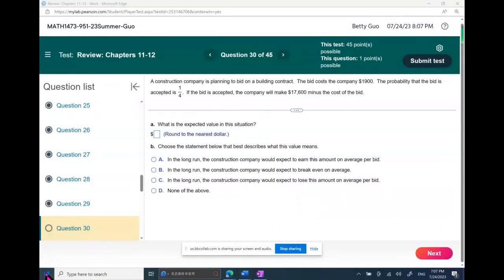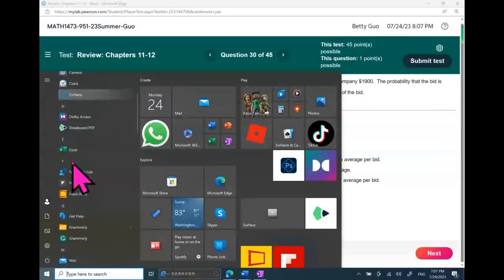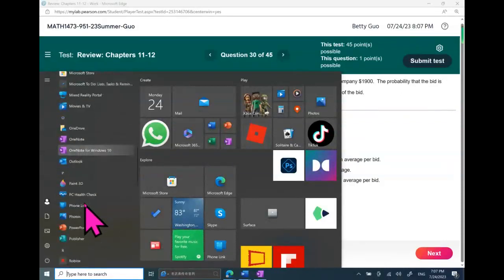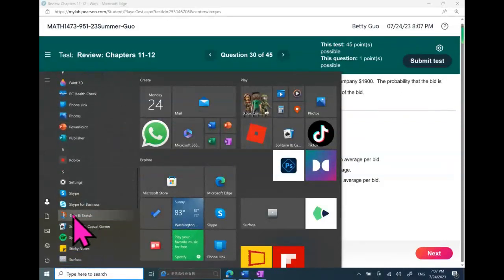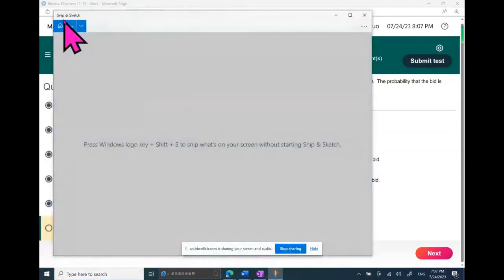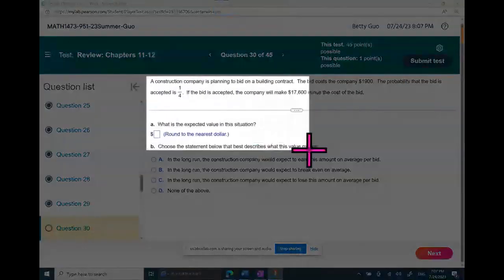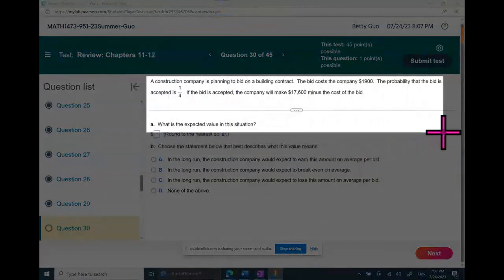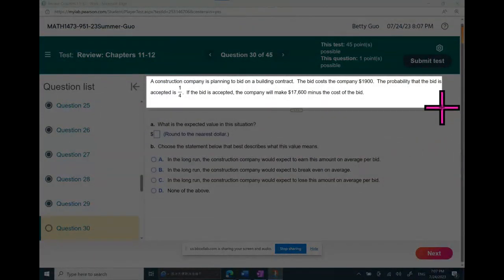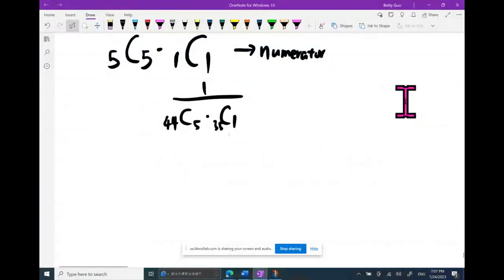With all other problems looking for expected values, all we need to do is make a 4-column table. Get the information.